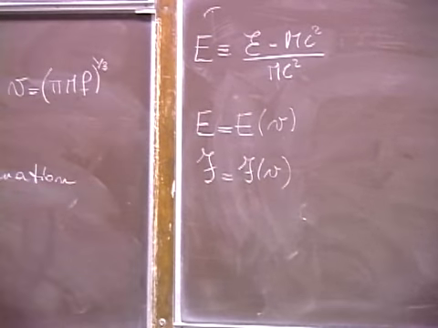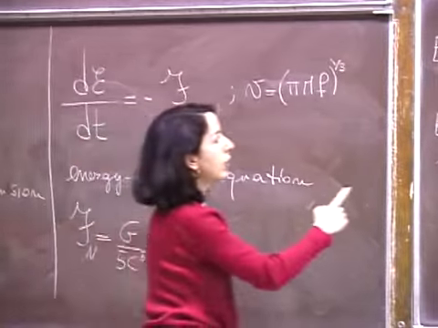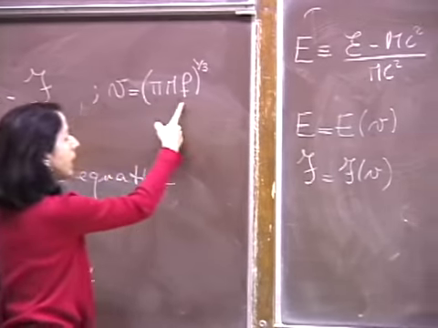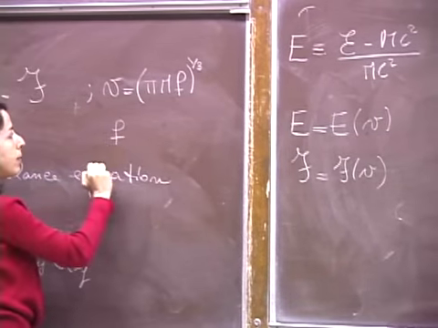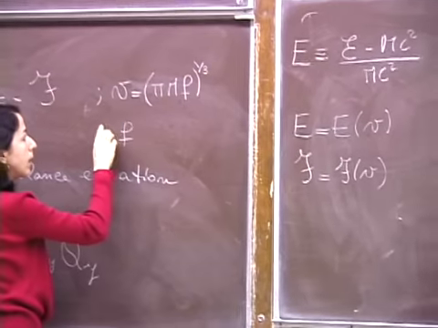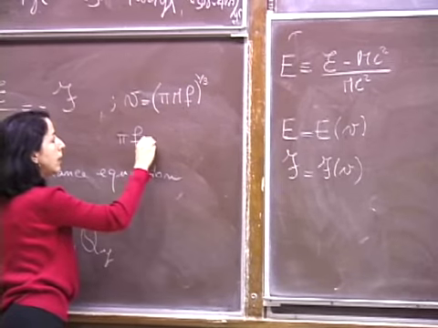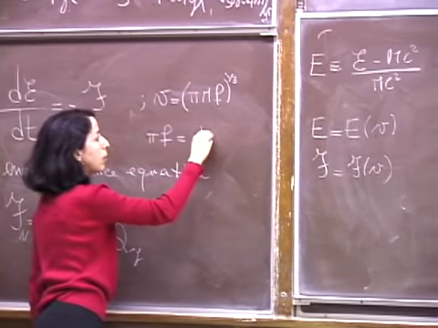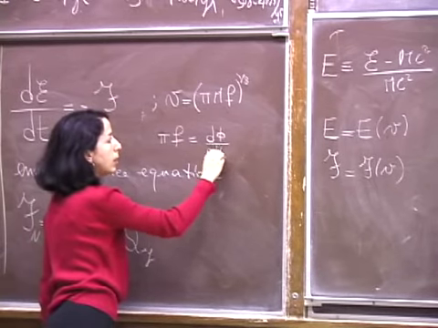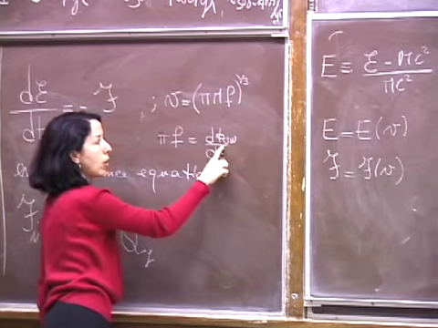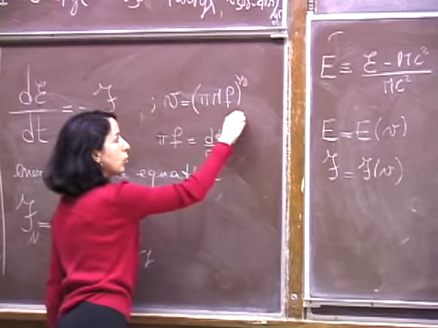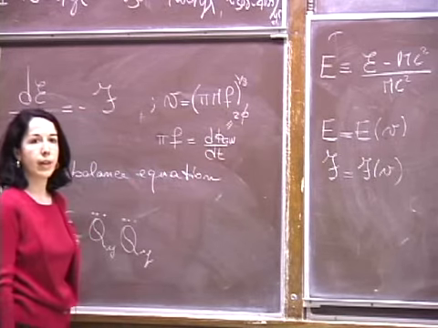Then you can rewrite this equation using the fact that v is related to f, and pi f is the derivative of phi with respect to t. This is phi gravitational wave, so this object is two times the orbital phi.